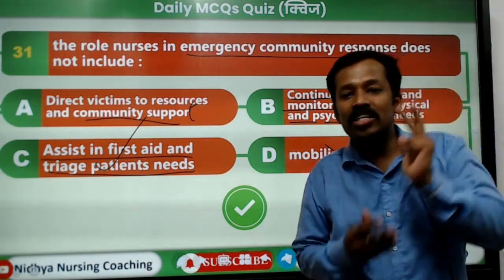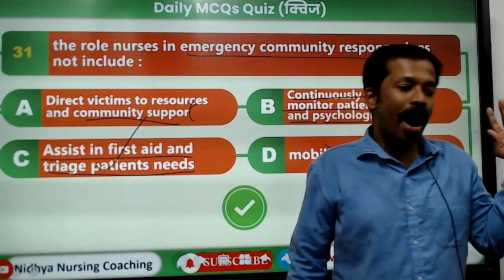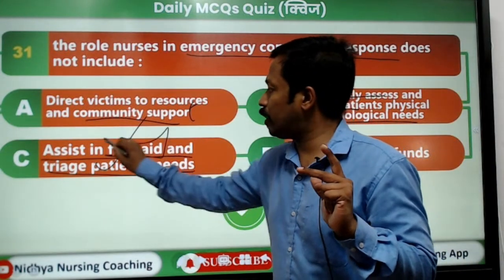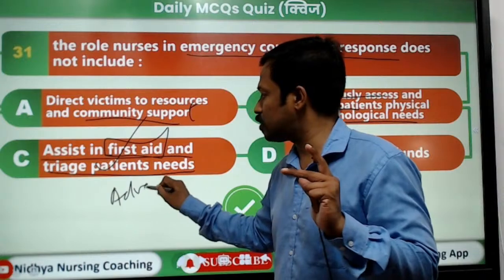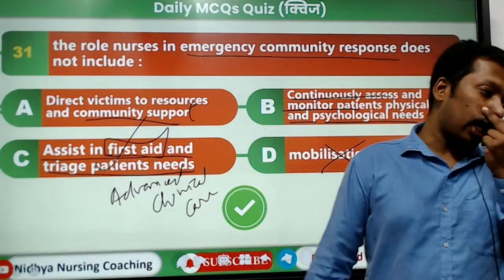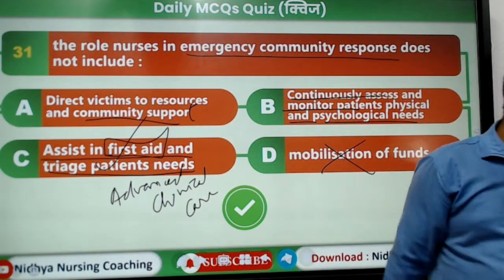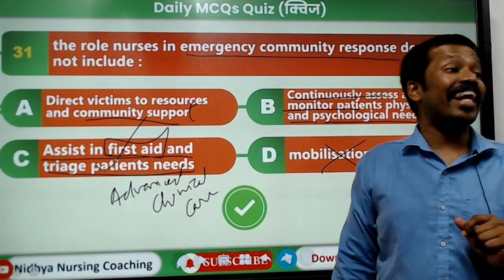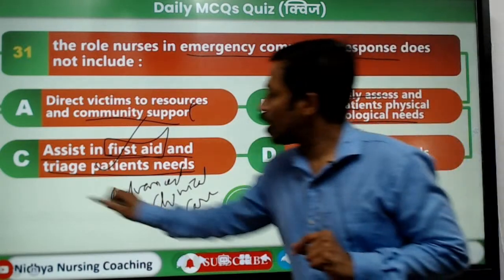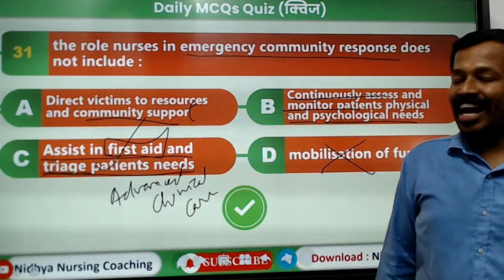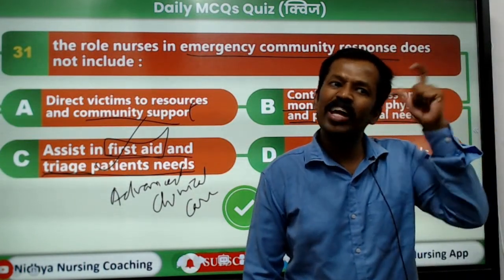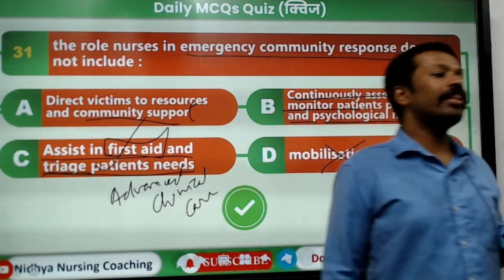One of the things is first aid, the second one is advanced clinical care. And assess and triage victims. Where is it? Here itself. Assess and triage on the basis of their health needs.